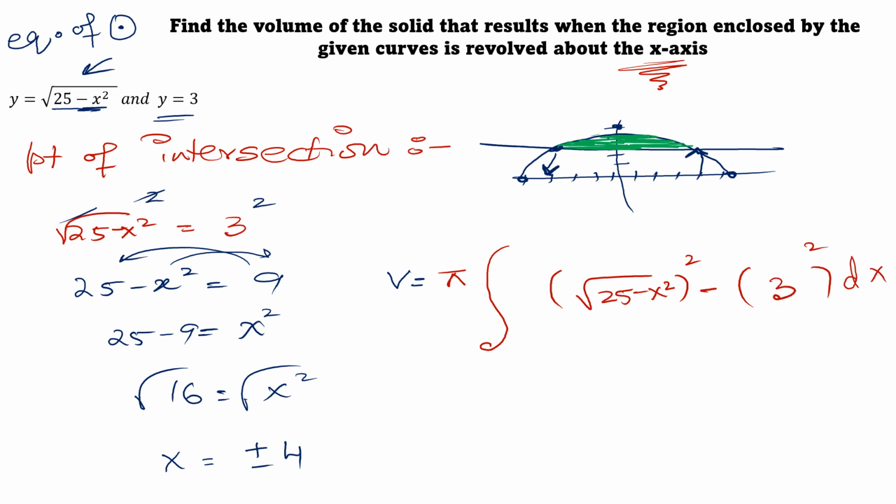My points of intersection are negative 4 till 4. I will write this in the calculator and I will get 256 over 3 pi. So let me check also. Yes, 256 over 3 pi.